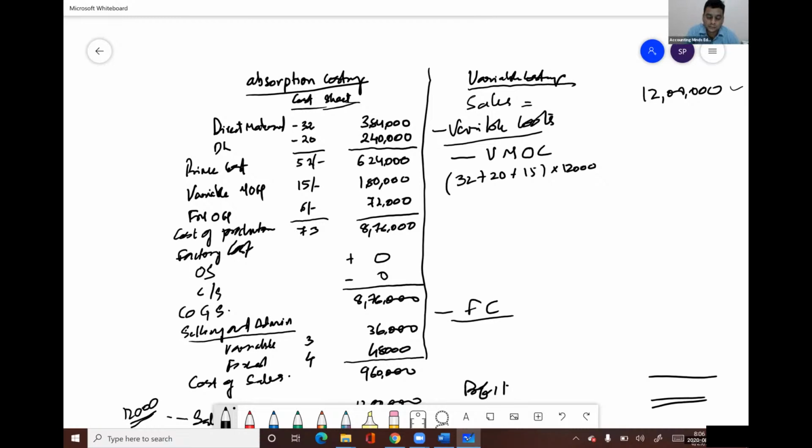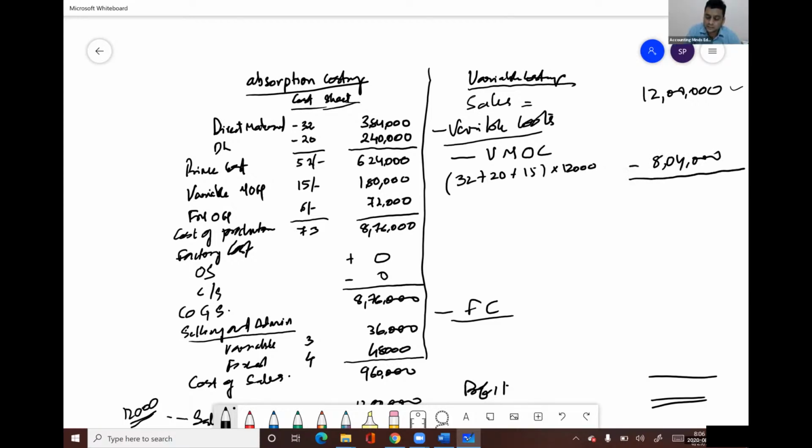How much is that? 8 lakh 4,000. You minus this from sales.